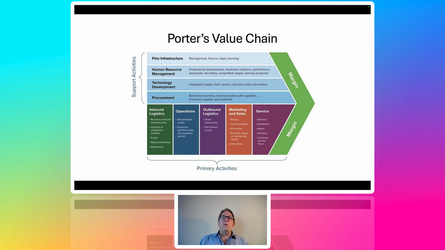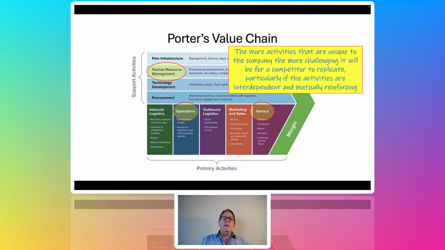And Michael Porter's work on value chain gives us a nice structure to think about it. When he talks about primary activities and support activities, the key is the more of these activities that are integrated and overlapping, the more challenging it will be for a competitor to replicate.